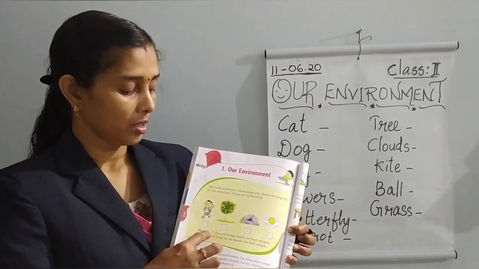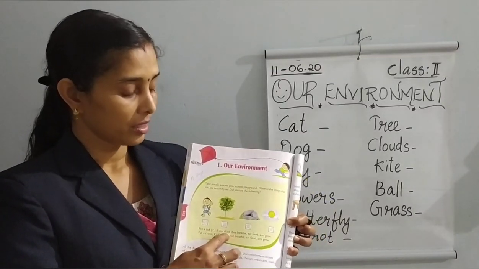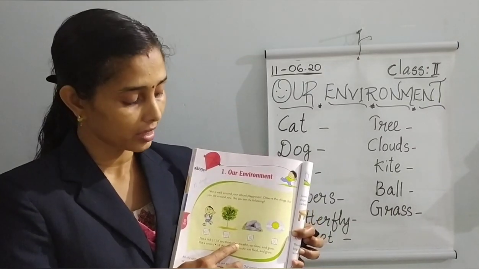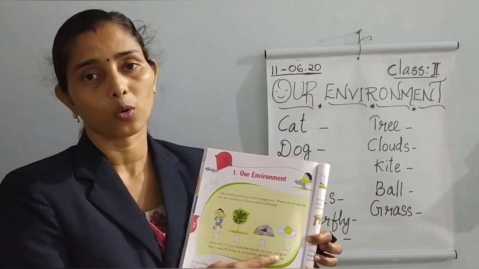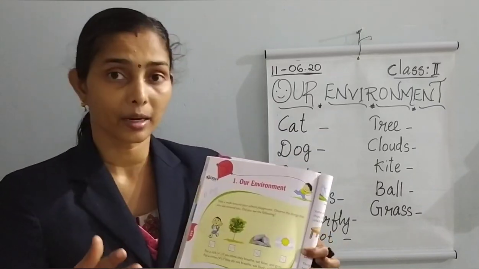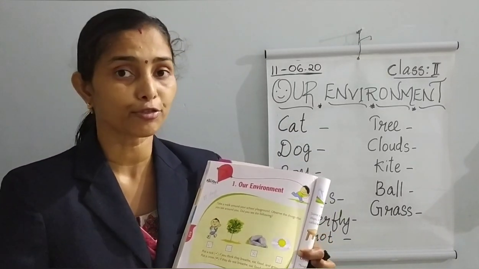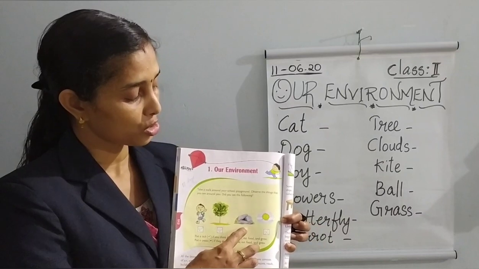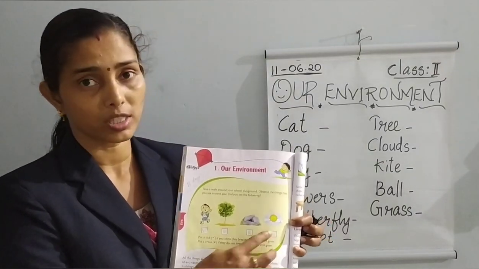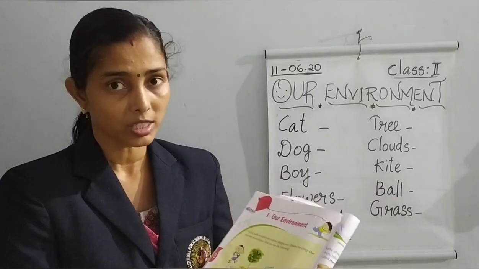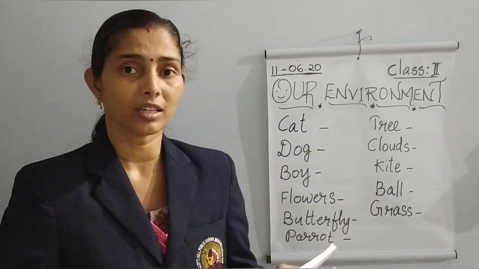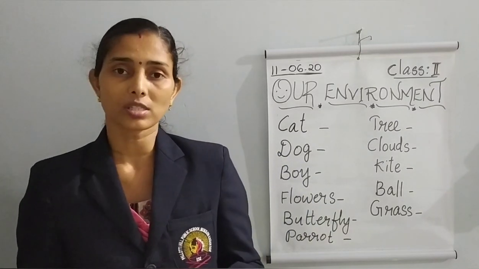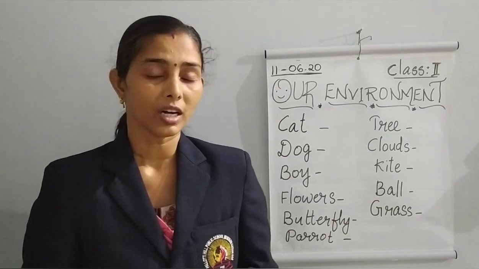Because it is given that the things which breathe, eat food and grow get a tick. The rock and the sun we give a cross in our textbook. Why did we give tick and cross? Because of the difference in their features.